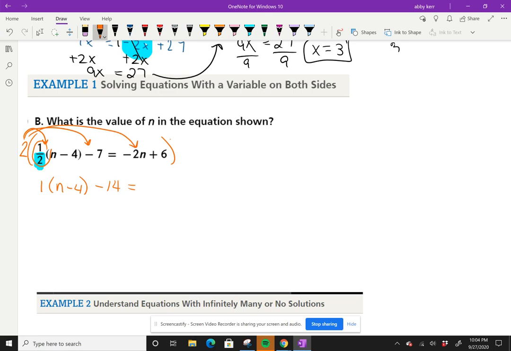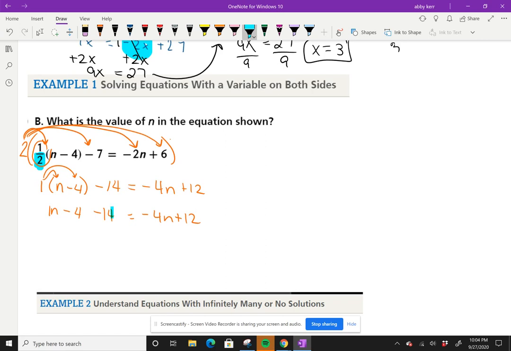All the way on the other side of the equal sign would get us negative 4n. And then 2 times 6 would get us 12. Now, technically, we could multiply that 1, but 1 times anything is itself. So then we have 1n minus 4 minus 14 equals negative 4n plus 12.